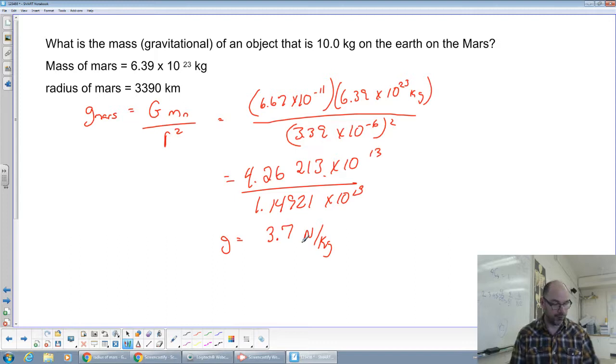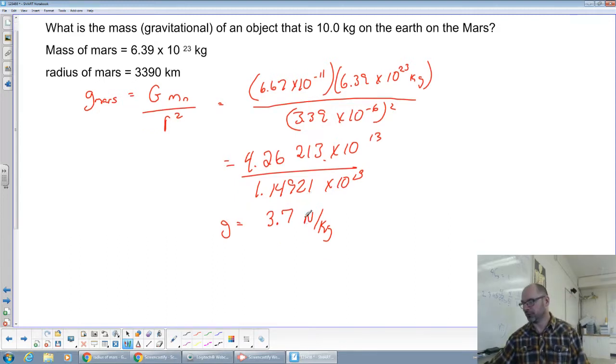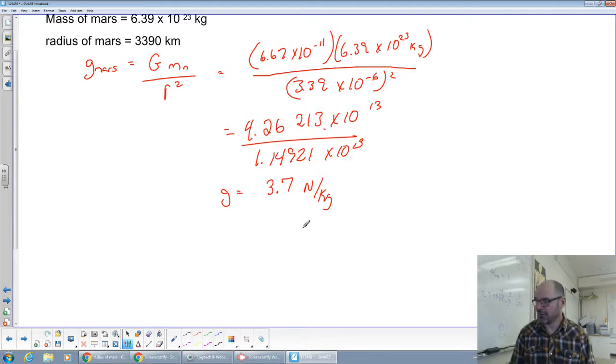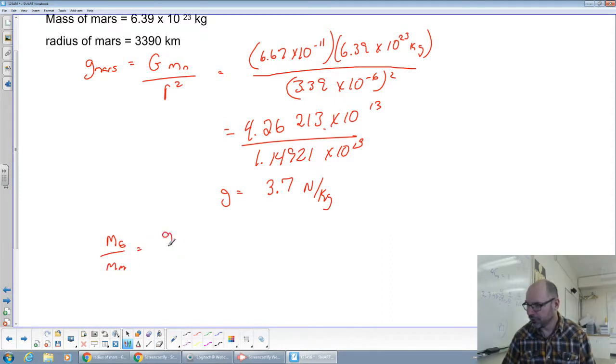Okay, so now we got to do a ratio between the two. So the 10 kilogram mass on the Earth over the mass on Mars equals G on Earth over G on Mars.